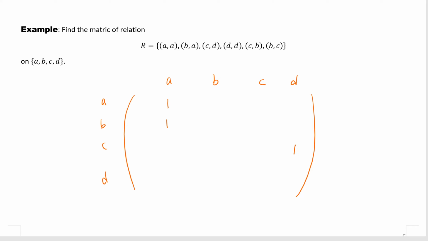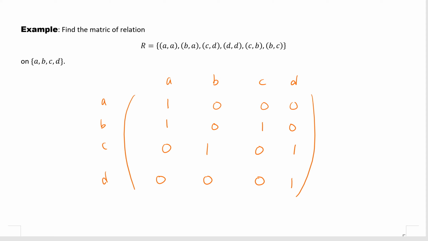And then dd is right here. cb is here. bc here. After we finish filling in the 1s, the other entries are just zeros. Do you get the same answer? Yes.